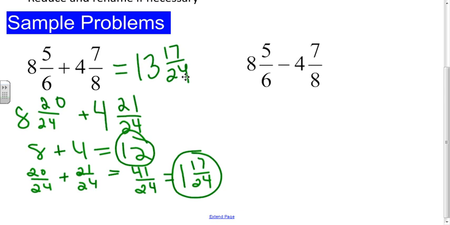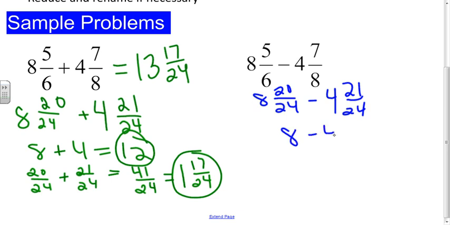All right, let's look at the same problem, except with subtraction. So this will be 8 and 20 24ths minus 4 and 21 24ths. And I want to think about these separately, so I'm going to take 8 minus 4, that's 4, and then 20 24ths minus 21 24ths.